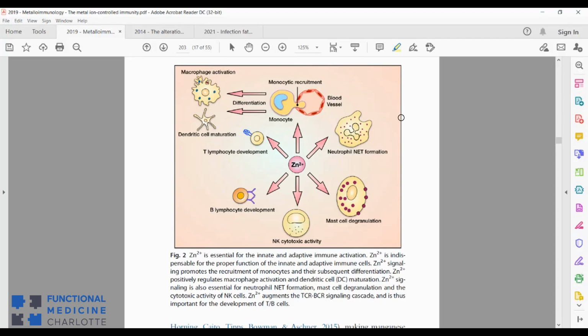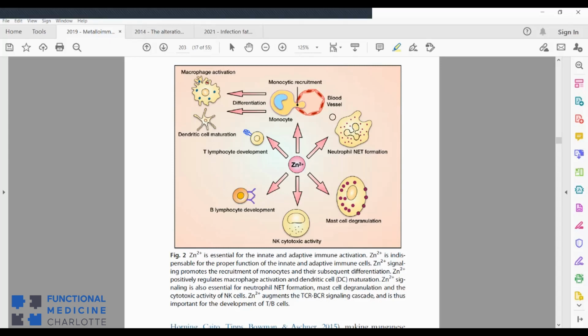So one function of the zinc ion is to promote monocyte recruitment and differentiation to macrophages in the tissue, and then that process I just described occurred. Zinc is also important in neutrophil net formation. So over here in the upper right, neutrophils make nets.